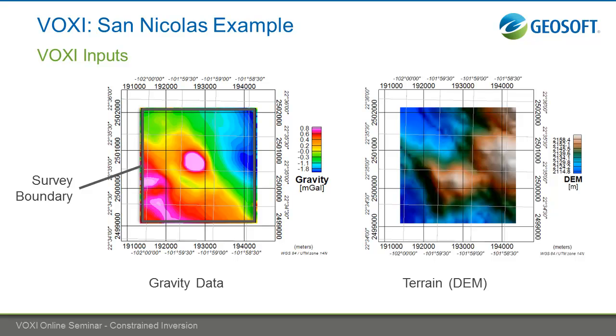This is the third component of the input to VOXI. So I have my necessary inputs for a standard unconstrained voxel inversion, which are also the basic inputs for a constrained inversion: the survey boundary, the terrain, and the data. And you can see that there's a gravity anomaly right in the center of this area.